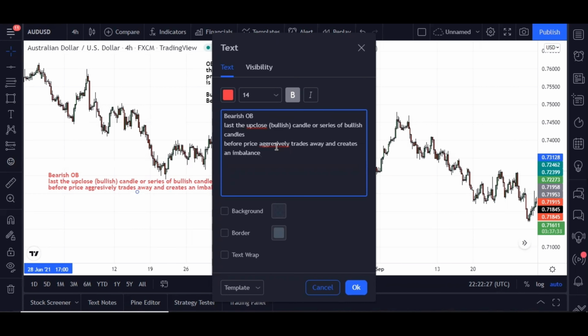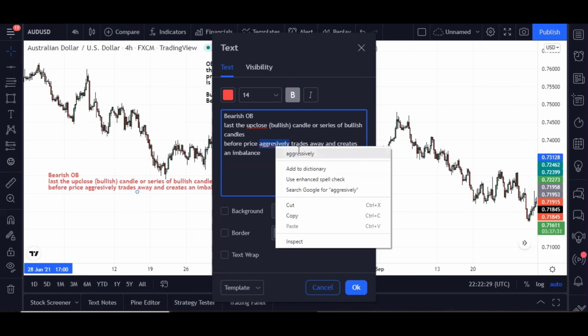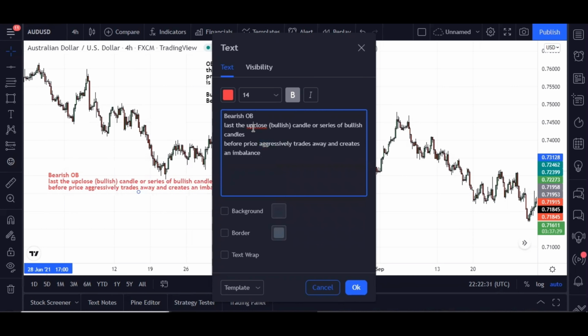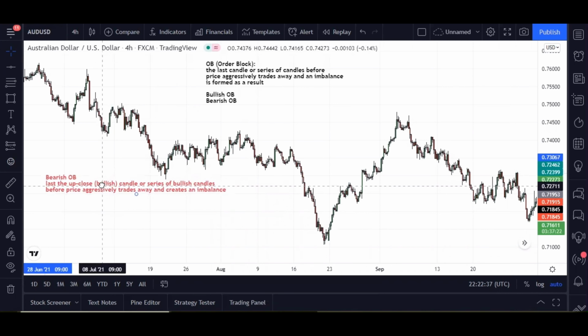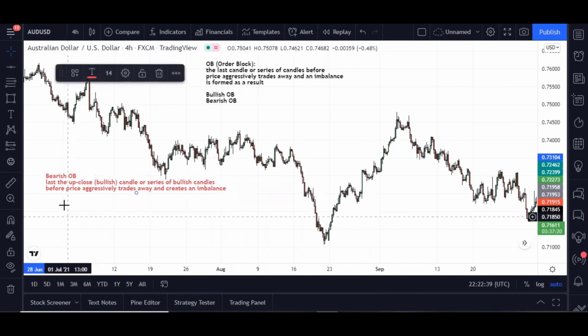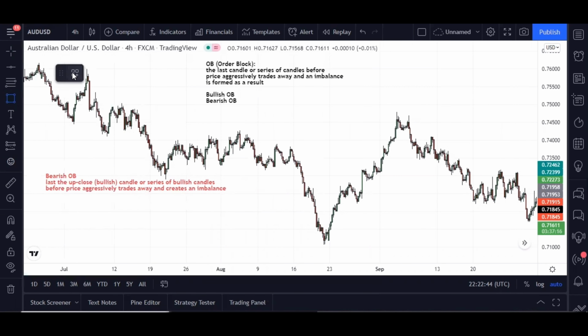I'm going to get better about typing, guys, I promise. So the bearish order block is the last up close candle or series of bullish candles before price aggressively trades away.